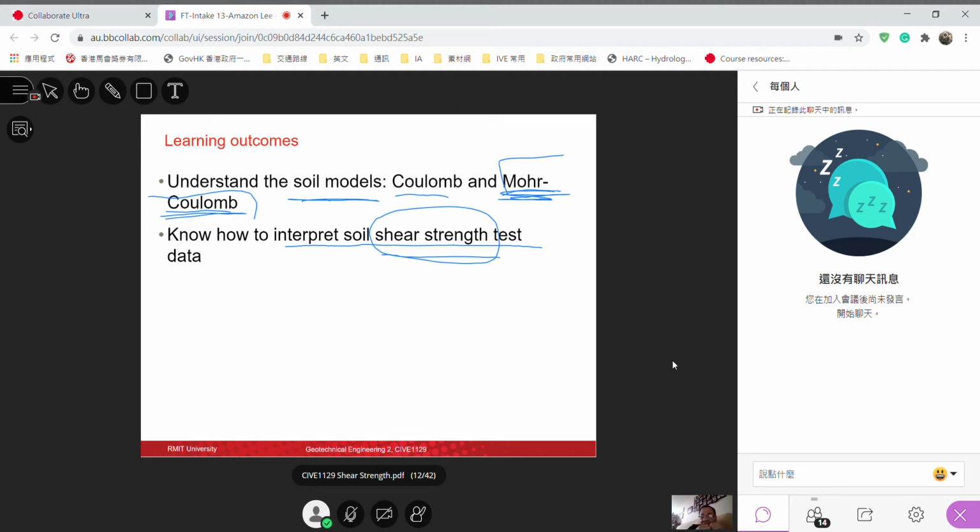Concrete is a bonded material. All the particles of the concrete material, that means the fine aggregate and the coarse aggregate, are bonded together by cement paste, the hardened cement paste. So it's a 100% bonded material.